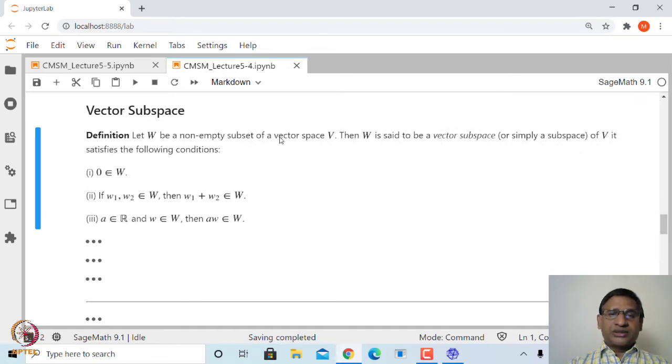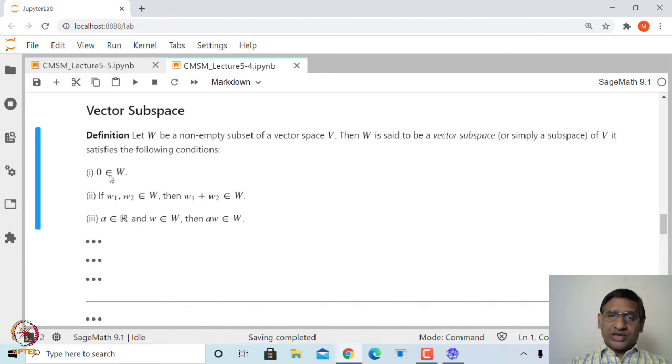So if you have a non-empty subset which satisfies these three properties, then we say that it is a vector subspace of V. And you can check that once you are given these three properties for W, the other properties are basically properties that addition and scalar multiplication satisfy, and since those properties are satisfied in capital V, they will also be satisfied for elements in W. So W is a vector space over R. What it says, if W is a vector subspace, is simply that W should be non-empty.